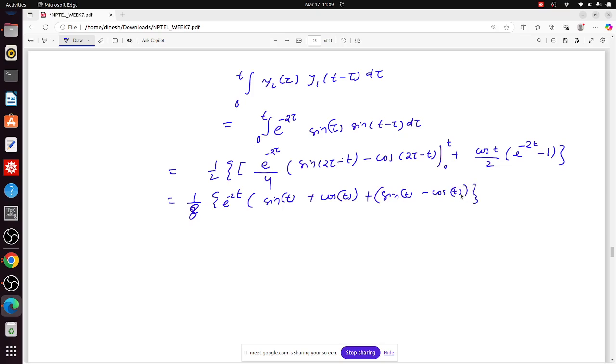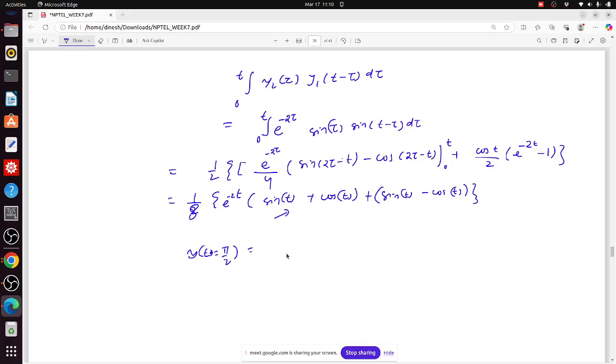So therefore the solution for the initial value problem is, in the place of y(t), you simply substitute t equal to pi by 2 in this formula.